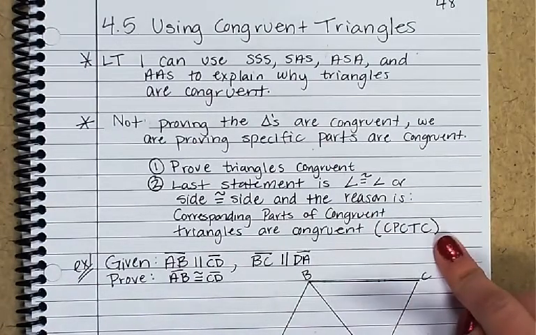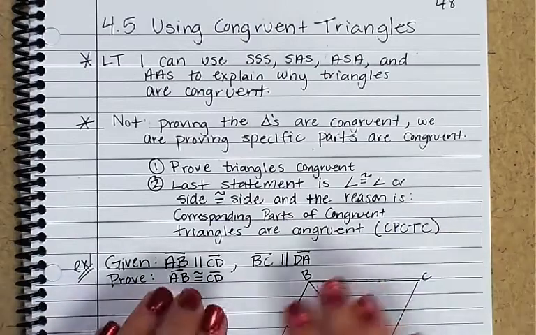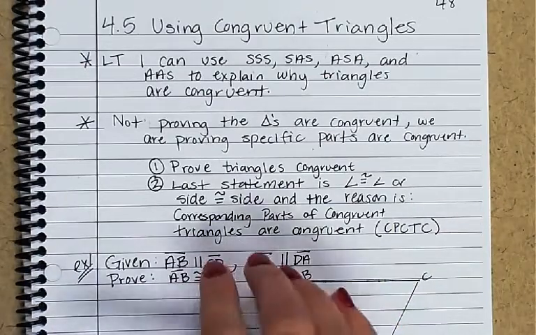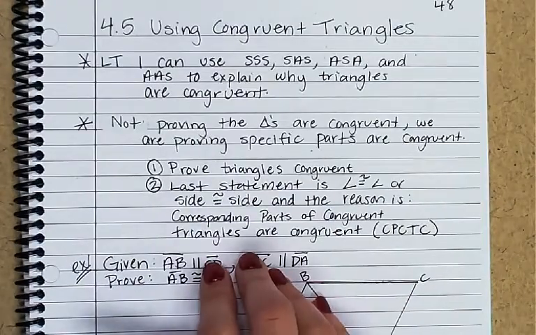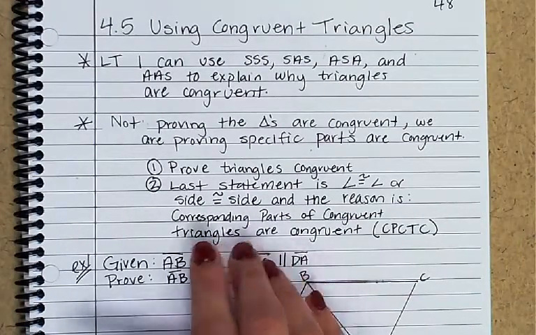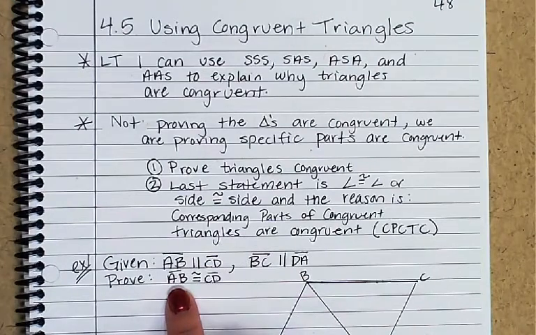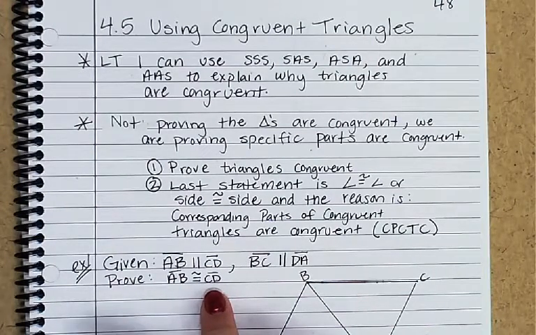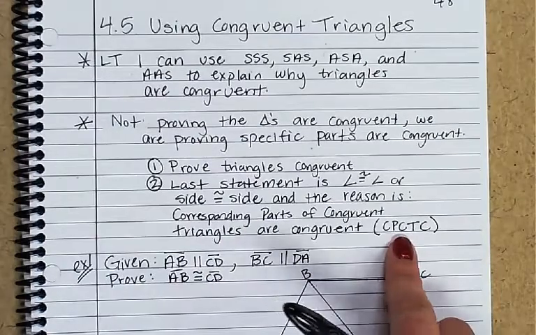You can always just use that abbreviation right there. The last thing you should always have in your proof is the proof statement. On this one, the very last statement would be segment AB is congruent to segment CD, and the very last reason will be CPCTC.